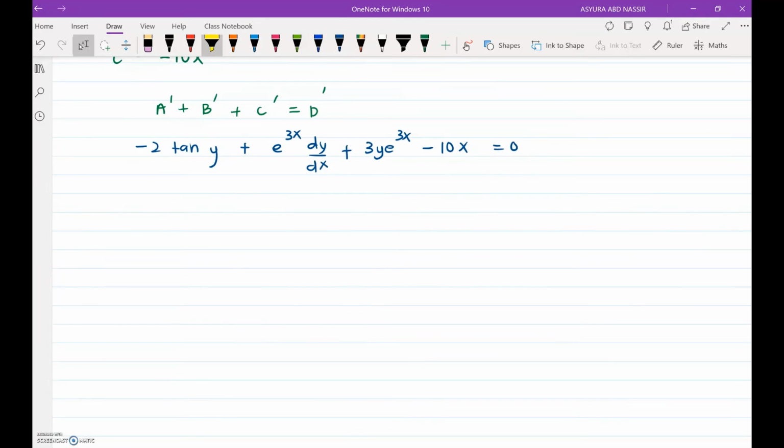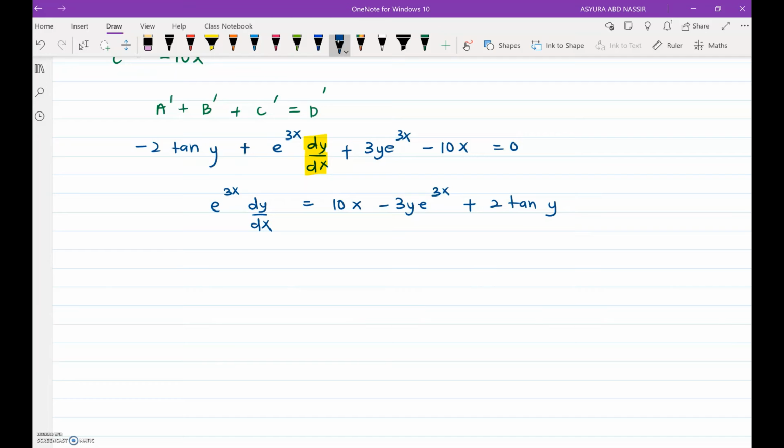Next, collect your dy/dx on one side. So this is your dy/dx. Put your dy/dx on your left hand side, and the rest on your right hand side. So now we have e^(3x) dy/dx equals 10x minus 3y e^(3x) plus 2 tangent y.